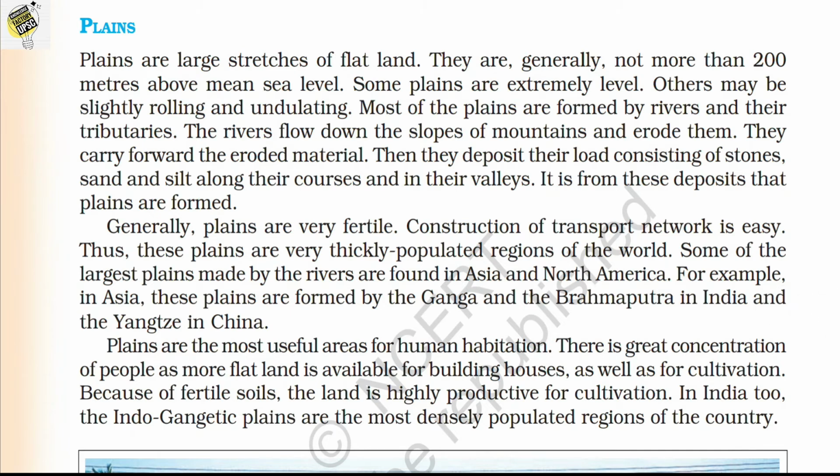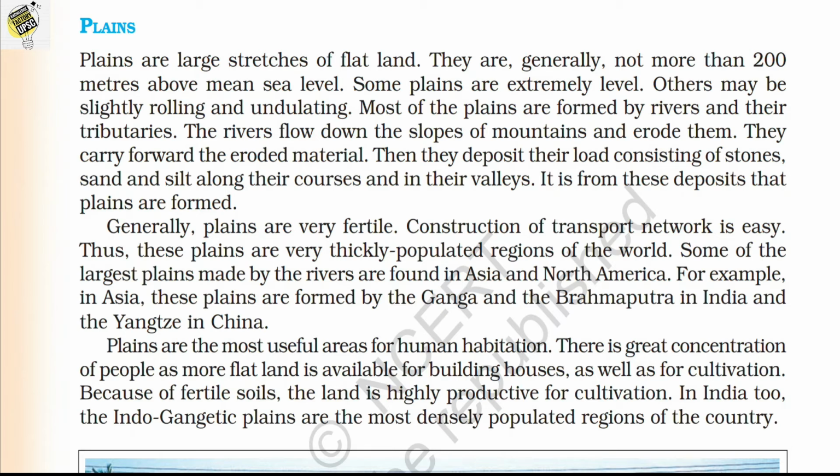What are the plains? Plains are large stretched flat areas, and they are generally not more than 200 meters above the mean sea level. Some plains are extremely level, and some are slightly rolling to undulating. Most of the plains are formed by the rivers and their tributaries.